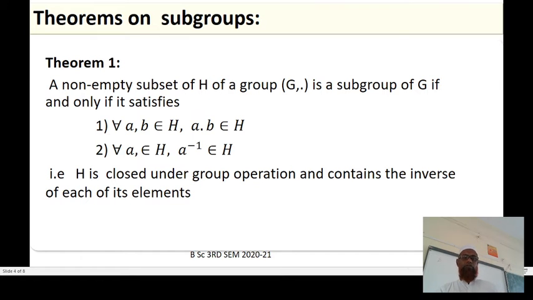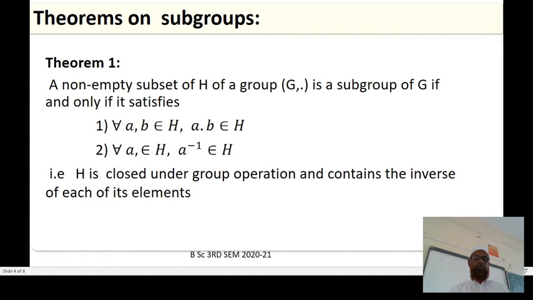So, some theorems on subgroups. Theorem number 1: a non-empty subset H of a group (G, ·) is a subgroup of G if and only if it satisfies two properties. One, for each a, b belongs to H, a·b belongs to H. Second, for each a belongs to H, a inverse belongs to H. That is, H is closed under the group operation and contains the inverse of each element.